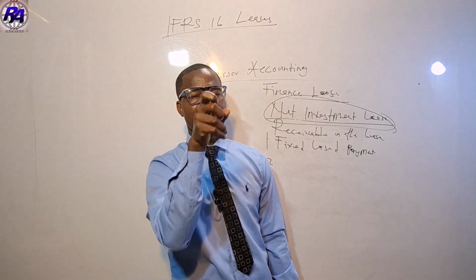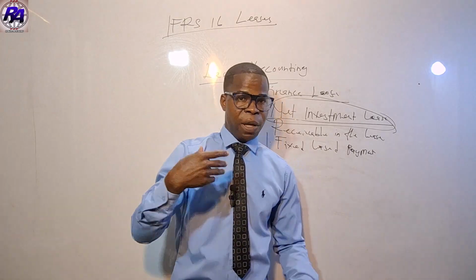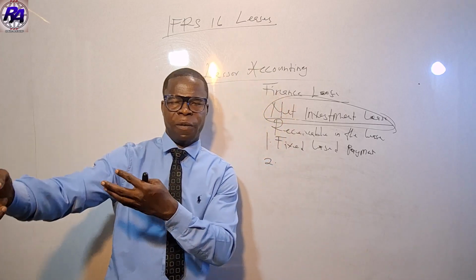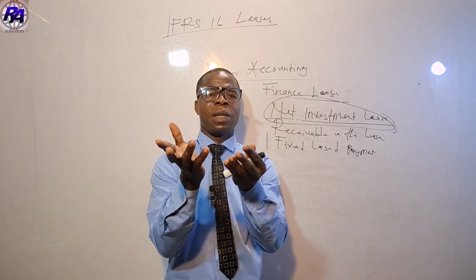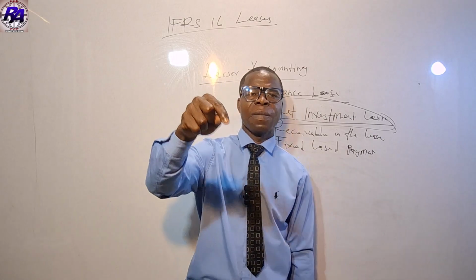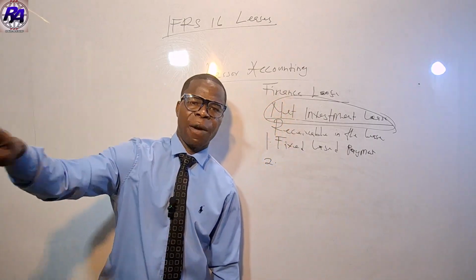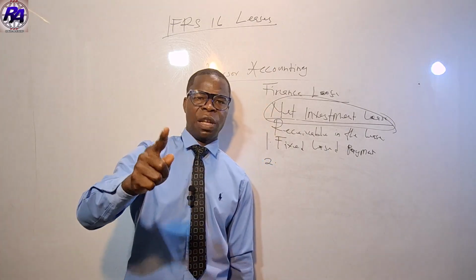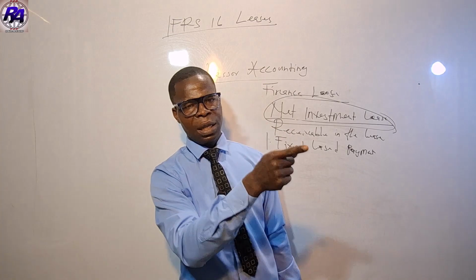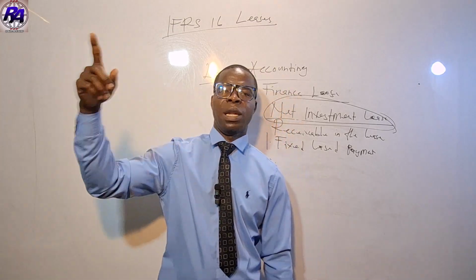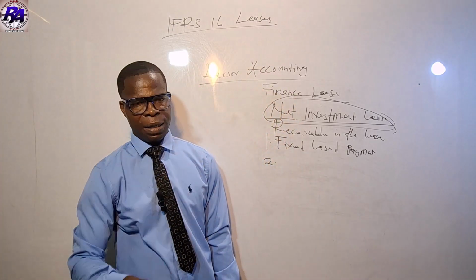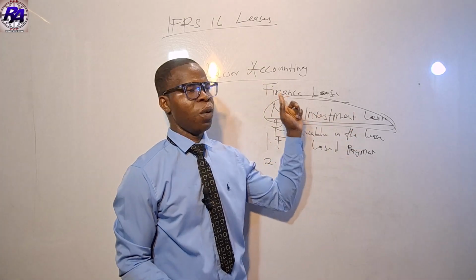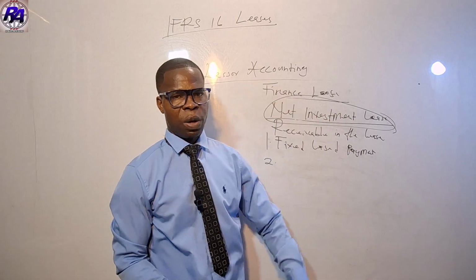But if the lessor itself is saying that at the end of the lease contract, this is the amount I'm expected to get for my asset, that becomes residual value unguaranteed. If the lessor is the one making the pronouncement, it is unguaranteed. But if it is a lessee or a party unrelated to the lessor, it becomes residual value guaranteed. All must be captured under the net investment when we are looking at lessor accounting.